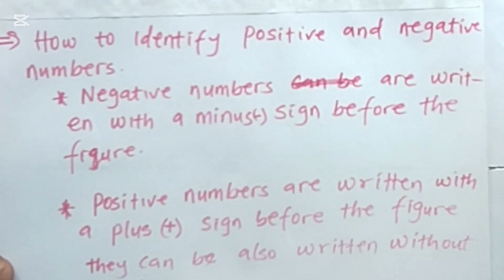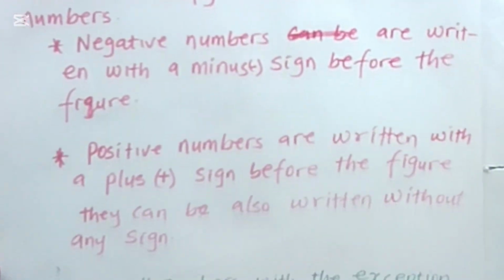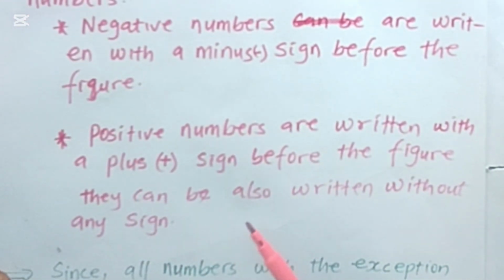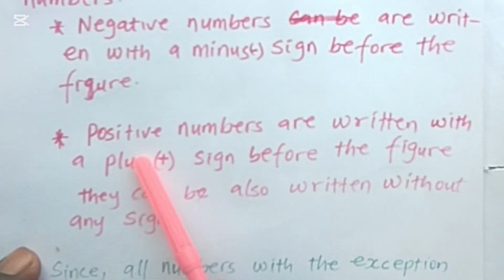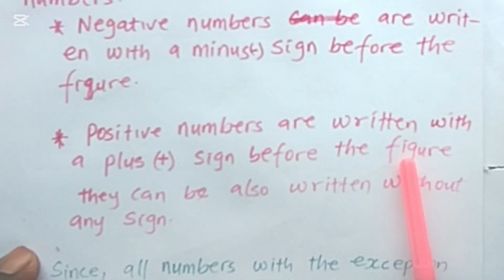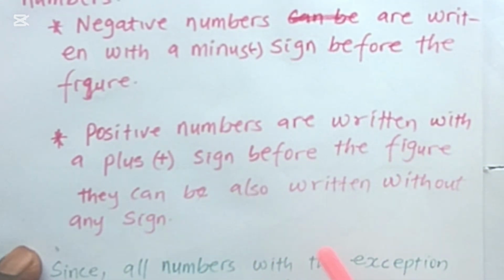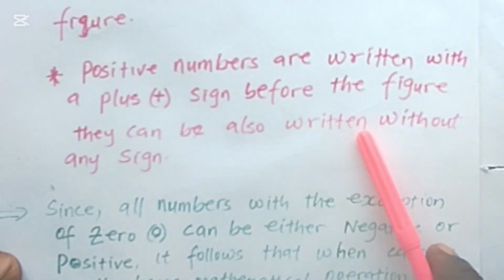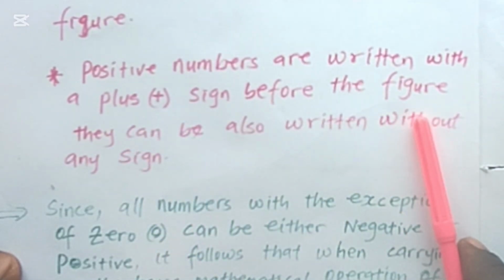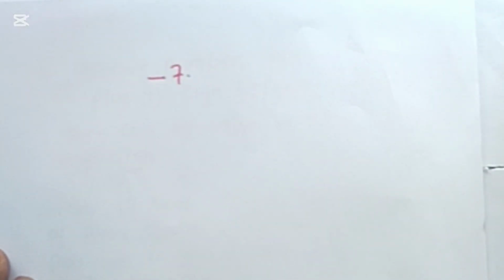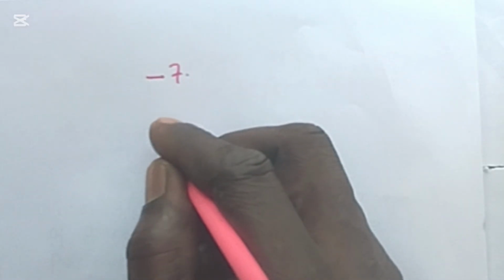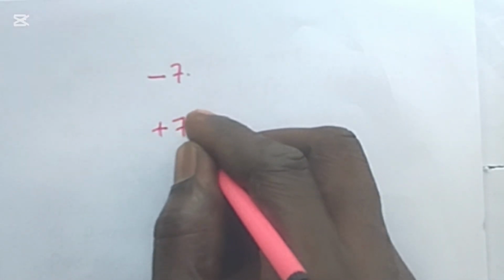On the other hand, the positive number can be identified in two ways. The first one is that you can identify the positive number by writing a plus sign before the figure. Another way is when it is written without any sign in front of it. For instance, if I say you should write positive 7, you can write it as plus 7.